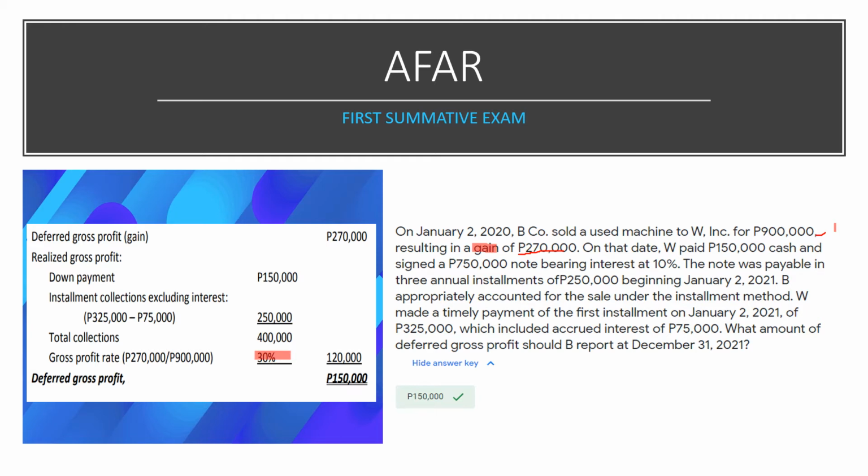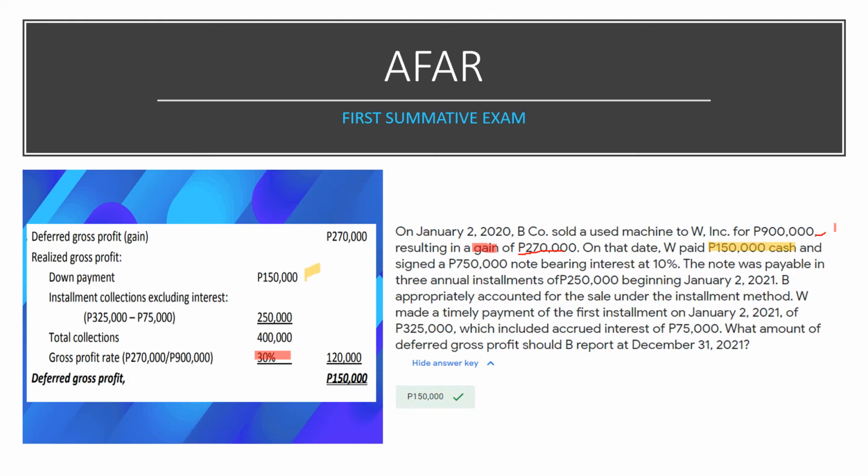Okay? Because DGP is actually our liability, and the moment we realize the gross profit, we recognize revenue. So, therefore, mababawasan yung DGP natin. Our realized gross profit is coming from our down payment and from our installment collections. We have a down payment here of 150,000 cash.